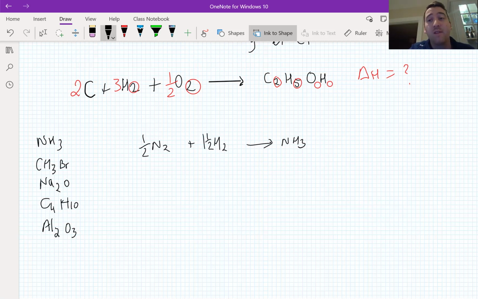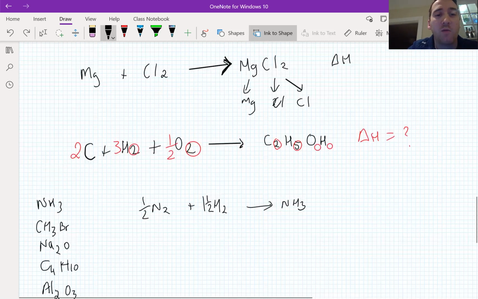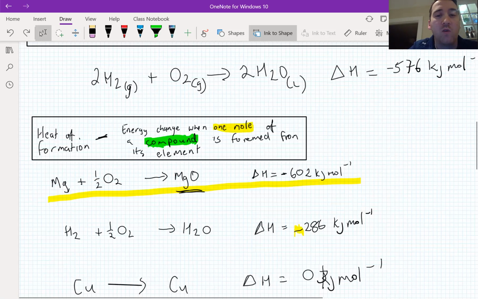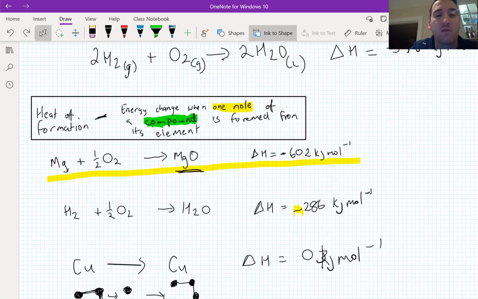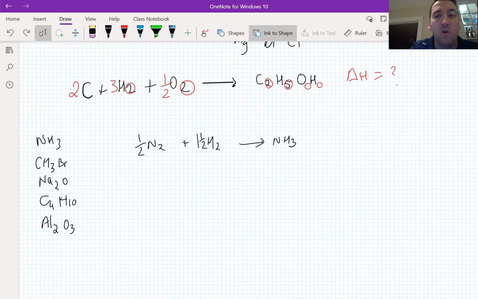That's a bit awkward. The reason why it has to be awkward is because we have to have only 1 mole over here. So we have to keep that as 1 mole. Remember, that's the key rule here in heat of formation. The reason why it has to be 1 mole is look at the equation. The heat of formation is when 1 mole of a compound is formed from its elements. So it has to be 1 mole.